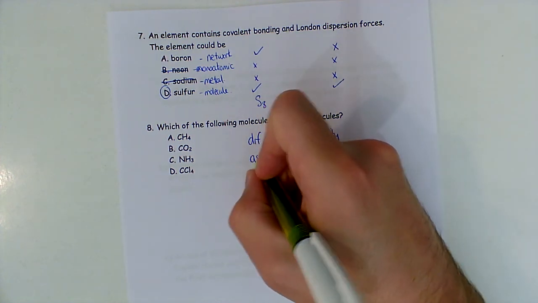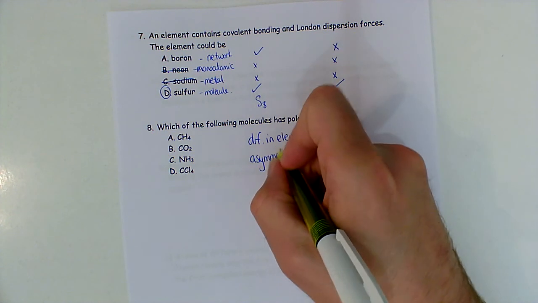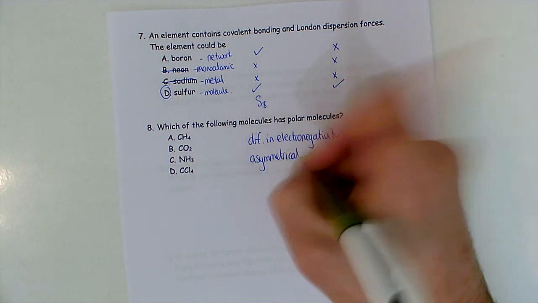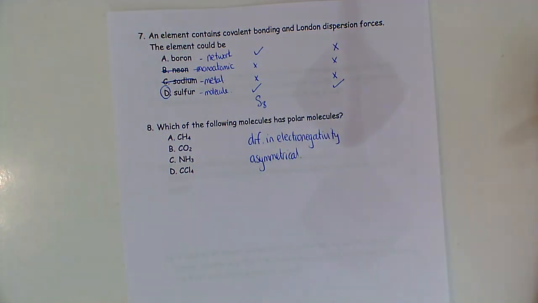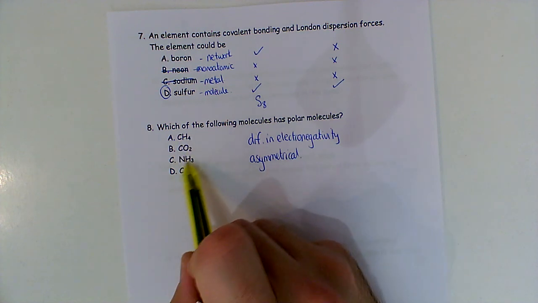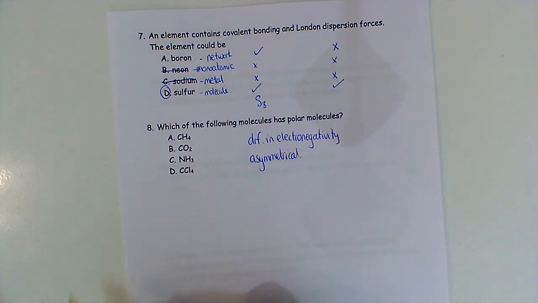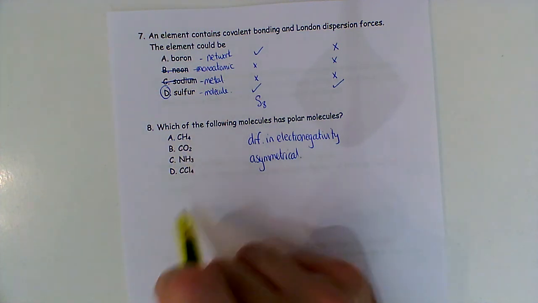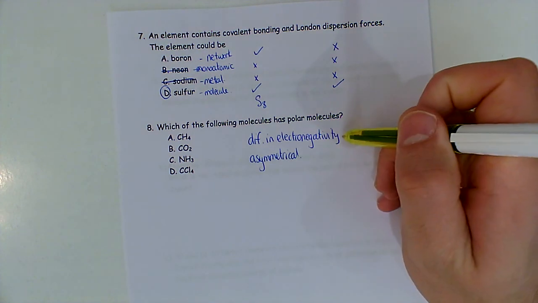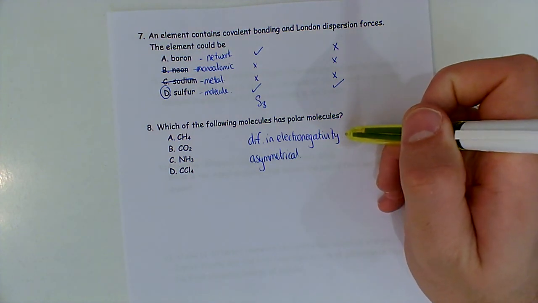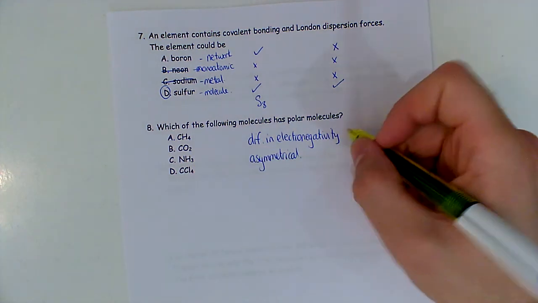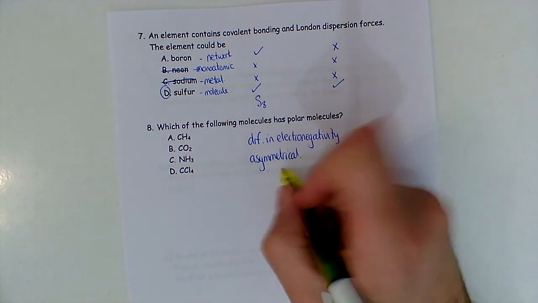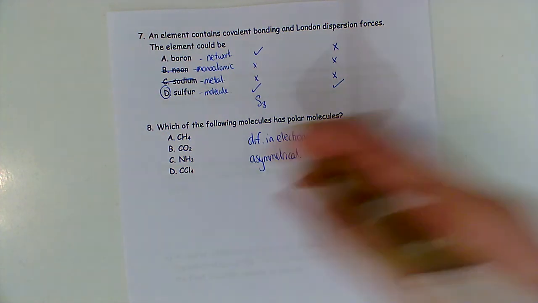And it needs to be asymmetrical. So all the bonds are identical in each molecule, so a difference in electronegativity is going to be present in every single one. So all we're going to check is, is it symmetrical or not?